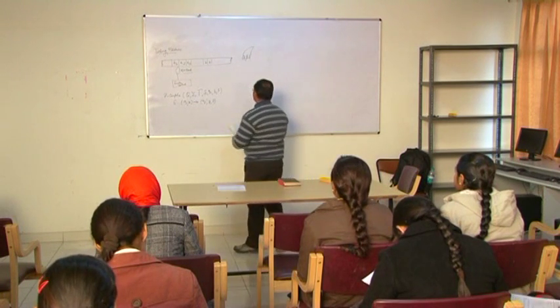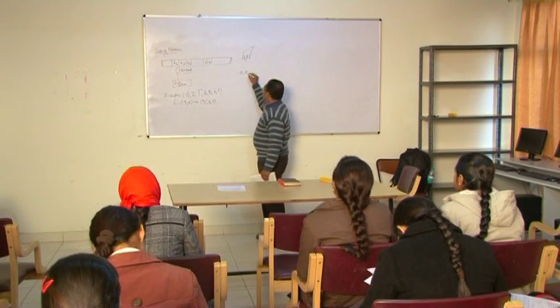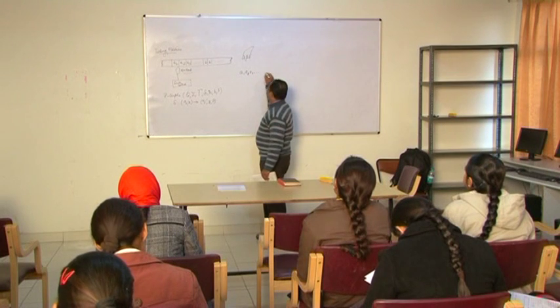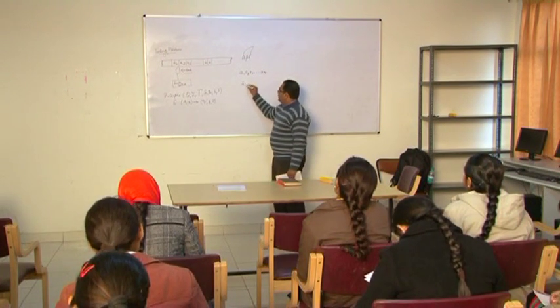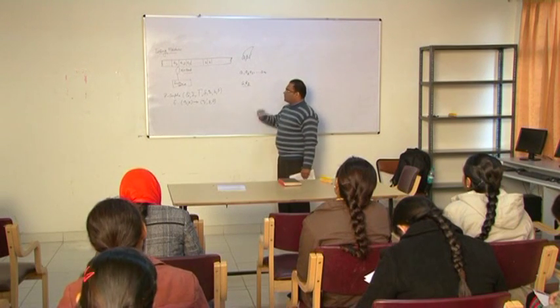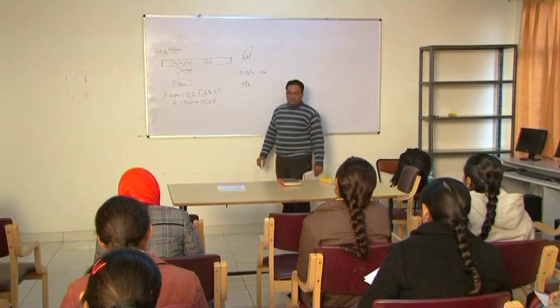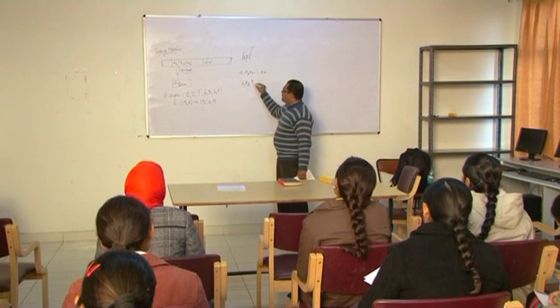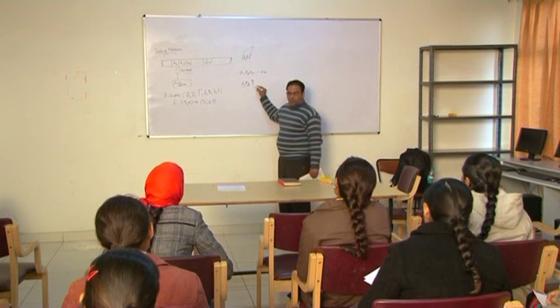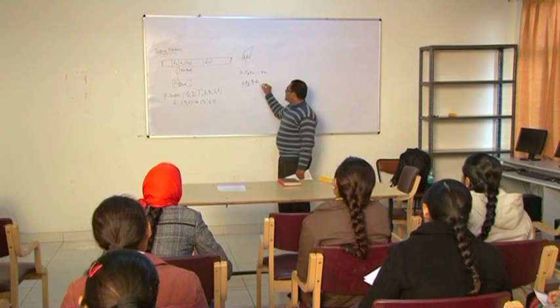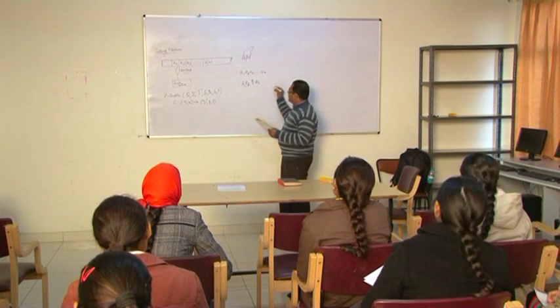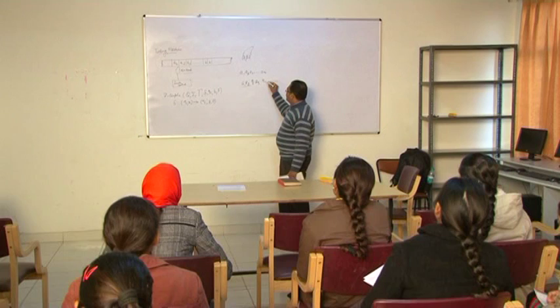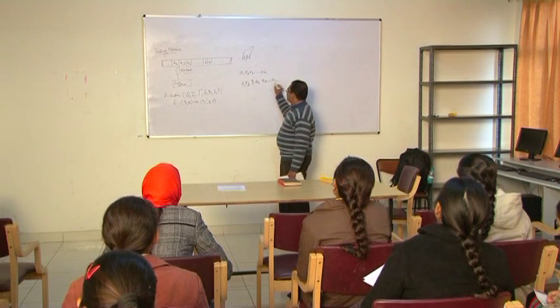So suppose you have been given the input string A1, A2, A3 up to AN. If two characters have already been processed and we are at some state Q, this is the current symbol to be processed, right? And A4 up to AN.